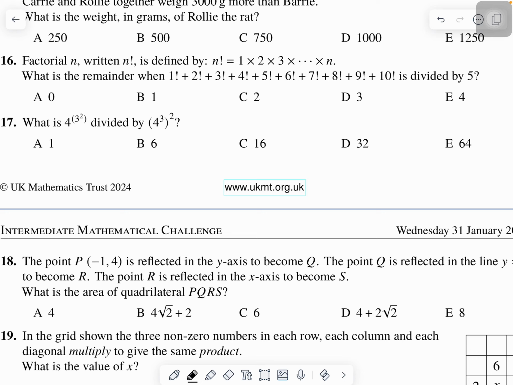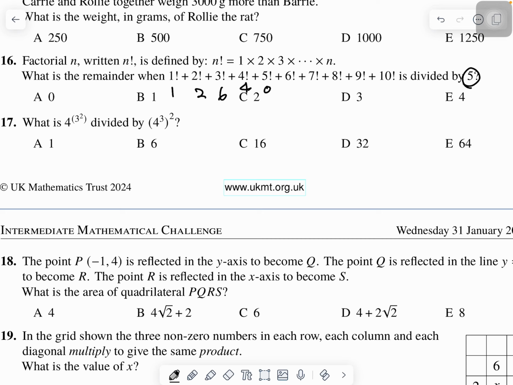But here, it asks us about the remainder, not just the multiple of something. But anyway, what I'm saying is we can consider only the last digit. We don't need to know the whole number. So the last digit of 1 factorial is 1. 1 times 2 is 2. Times 3 is 6. Times 4 is 24, but we don't need 24. We need only 4.